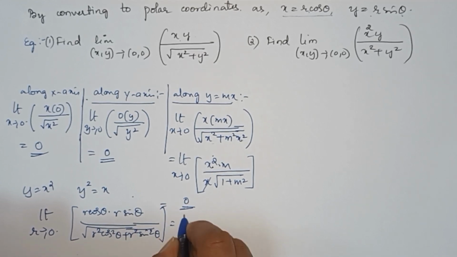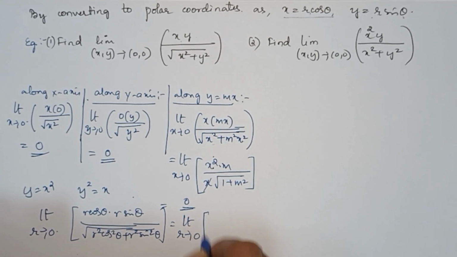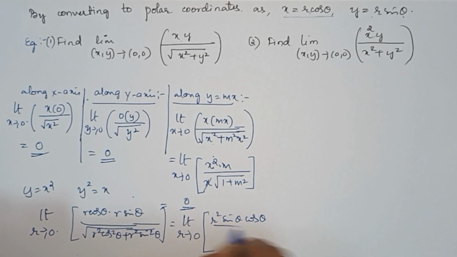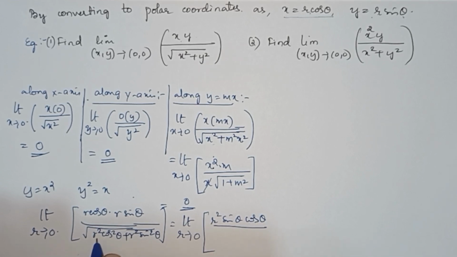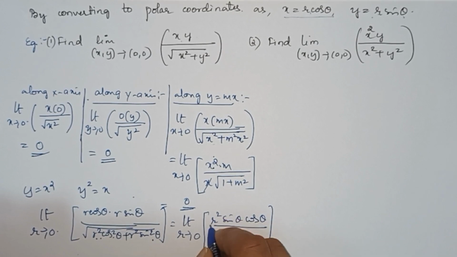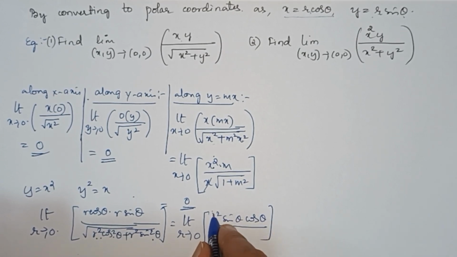So we will get here limit as r tends to 0, r square sin theta into cos theta divided by, when you take r square common, sin square theta plus cos square theta, that is 1. Square root of r square is r. Now one r and r cancels, one r remains in the numerator.